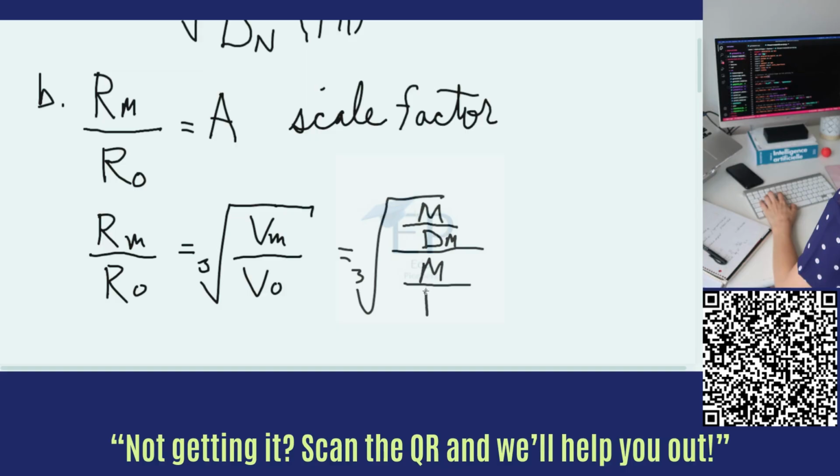The original case is the density of atomic nuclei. These m's cancel. Now this expression can be written as the original density over the modified density.